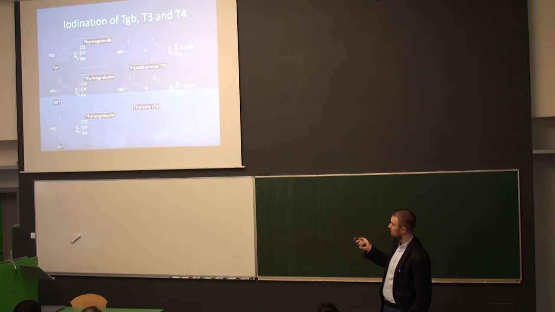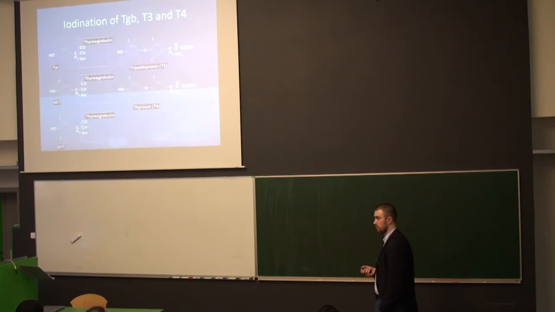Since here you want to have 4, therefore you must do 2 times 2. If you want to produce triiodothyronine, that means T3, you combine 1 molecule of monoiodotyrosine and 1 molecule of diiodotyrosine, and you have triiodothyronine. This coupling reaction is done also by thyroid peroxidase.